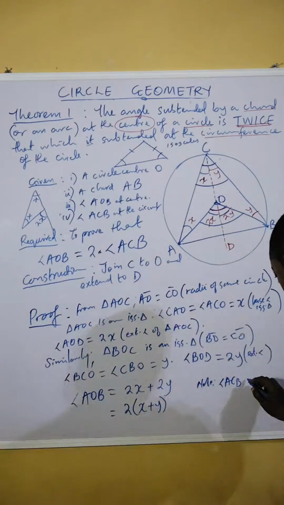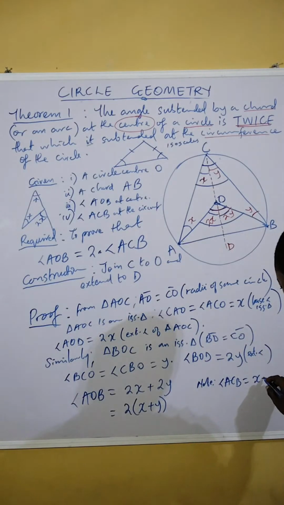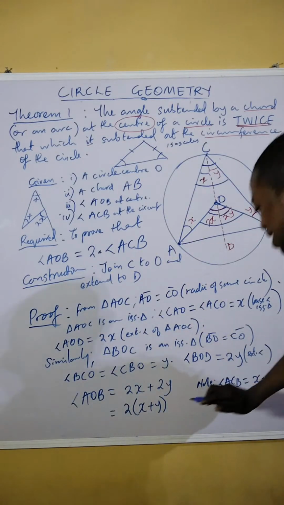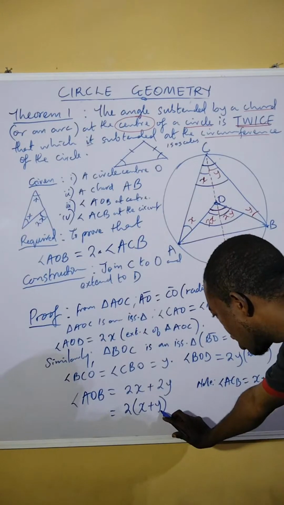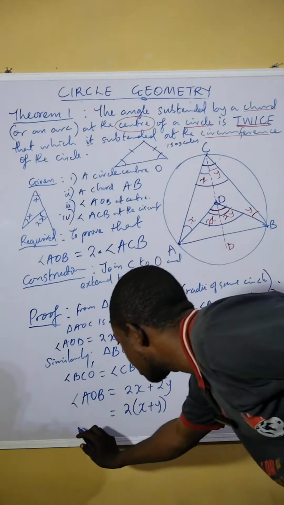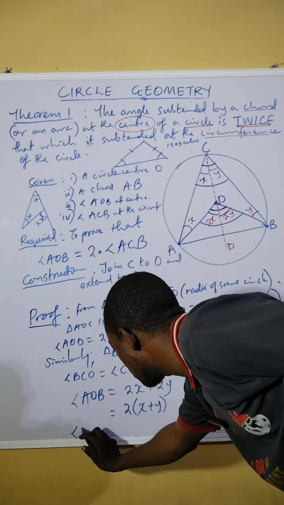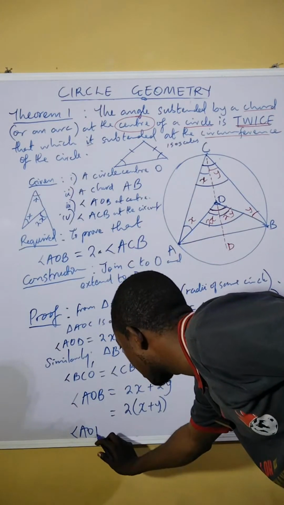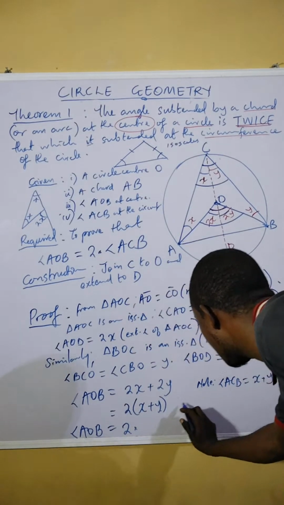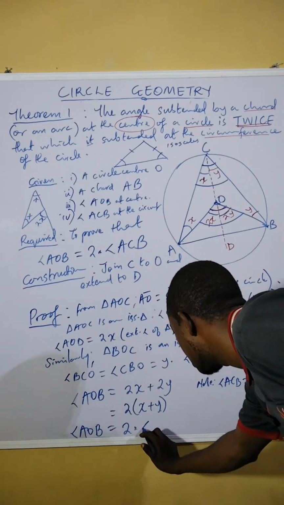ACB is also equal to X plus Y. That's the angle at the circumference. Instead of writing this X plus Y, we can simply write angle ACB. So here, conclusion: angle AOB is equal to 2 times X plus Y, which is angle ACB.